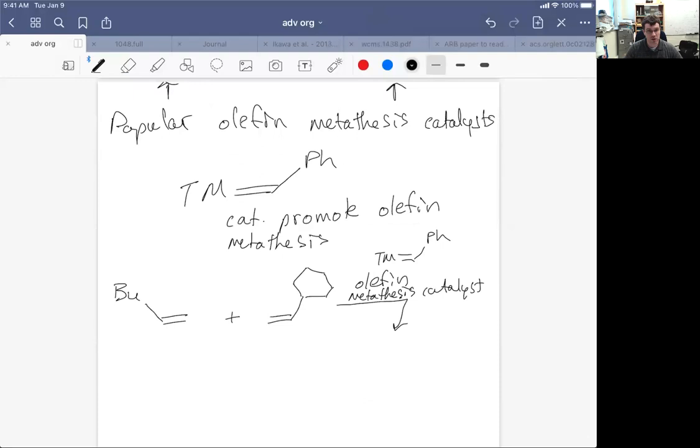We could make a number of products, but they would be the same as the starting materials unless we combined this carbon with this carbon. Everything else would just be either a dimer or the same starting material. So let's draw this product. What would this look like? This would be Bu.